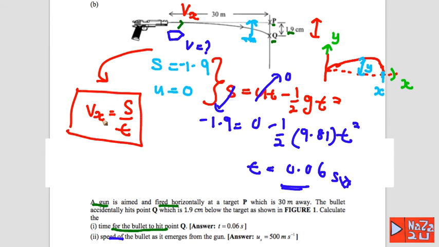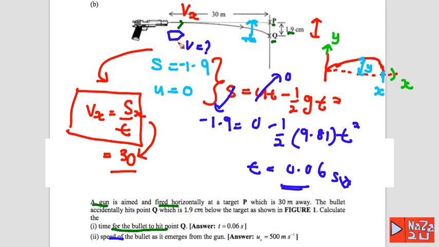Now the displacement or distance here is considered x, which is equal to 30 meters. This is given by the question.